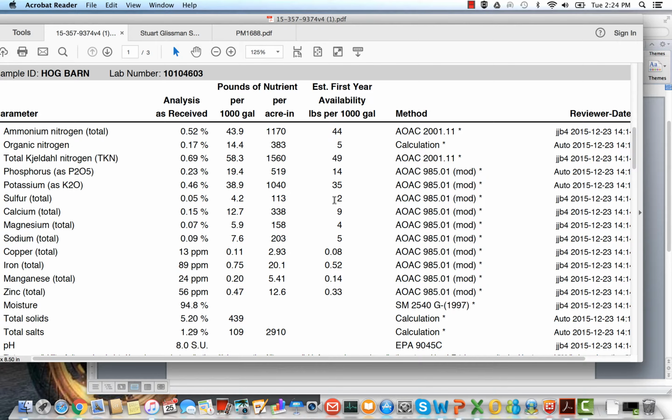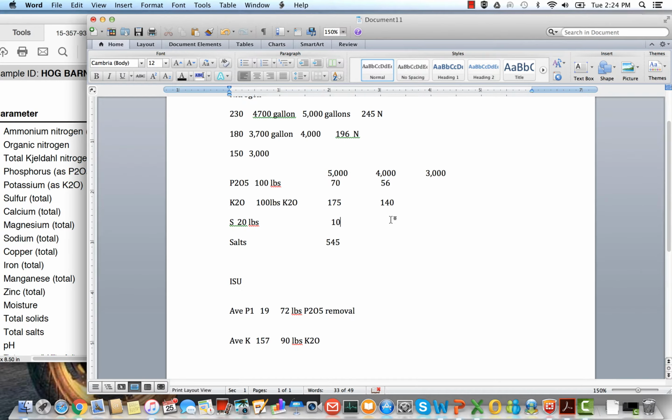Yeah, 2 pounds of available sulfur per gallon, so of course I don't need a calculator on that one. That's just going to be 8. And total salts, we already know that we're just over that 500 number as it is. So now this one would be 436 pounds at 4,000 gallons.